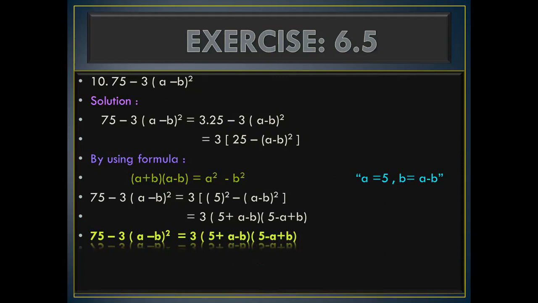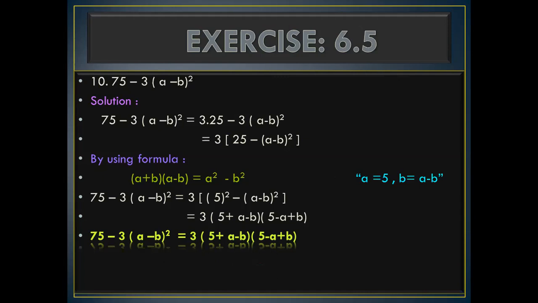No need to open the formula over here. Again, you see first term 75. 75 is not the square of any number, and also 3 is not the square of any number. So we split 75, 3 into 25 minus 3 into (a minus b) whole square.